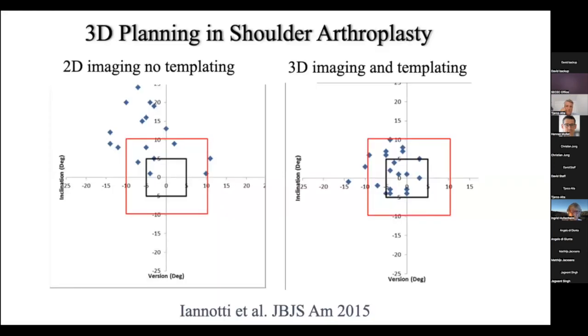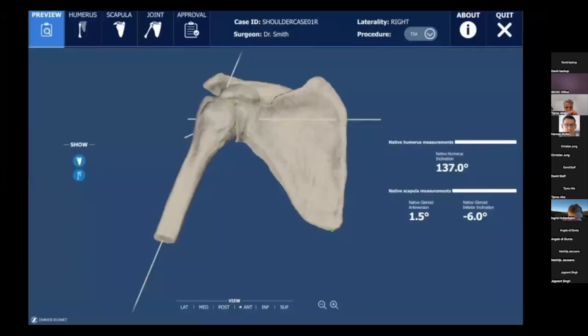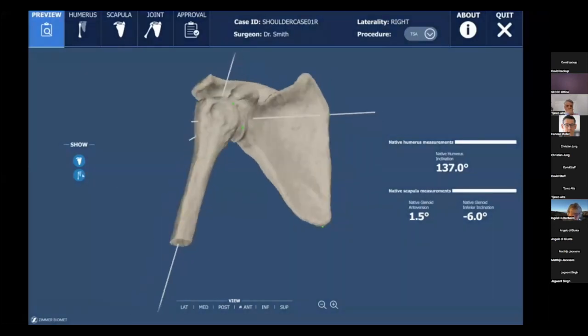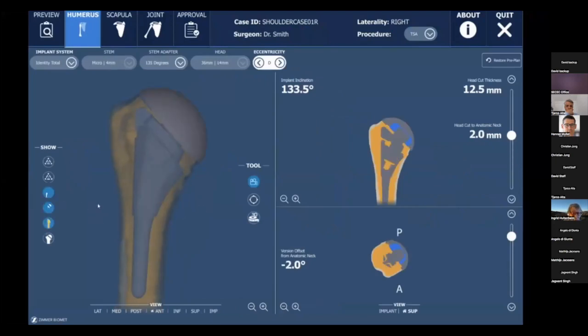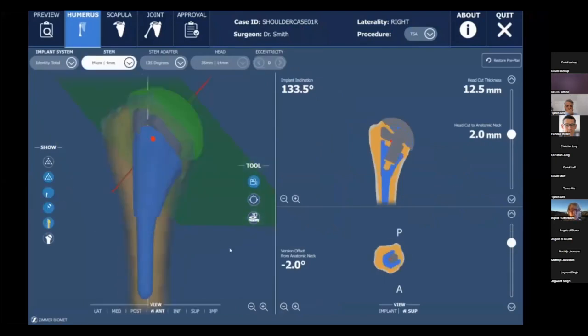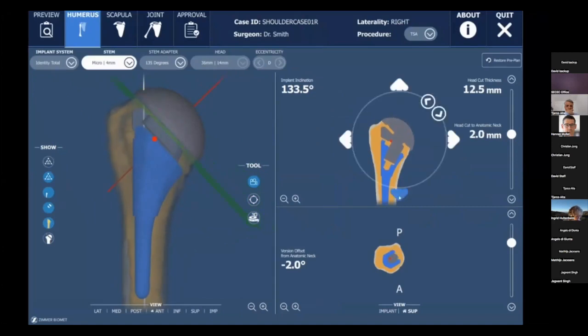In 2015 already, it has been shown that just the use of 2D imaging and no templating results in too many outliers, and that 3D imaging and templating results in better accuracy and surgeons that are better prepared to go to the operating theater. Since then, 3D planning has been used by quite a few surgeons, looking at the native bony deformity on the humeral side, but also on the glenoid side.